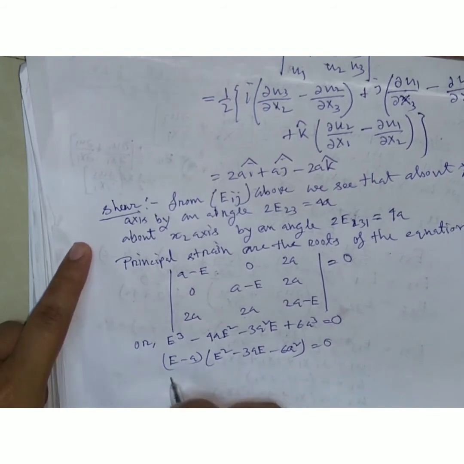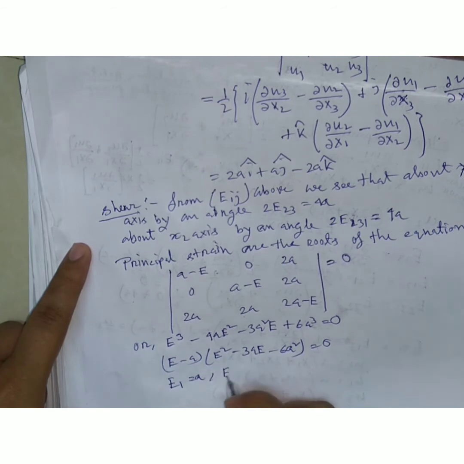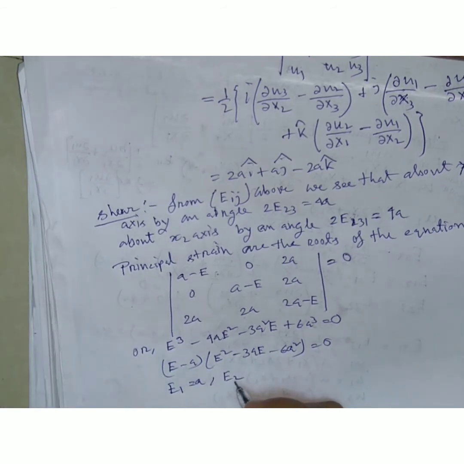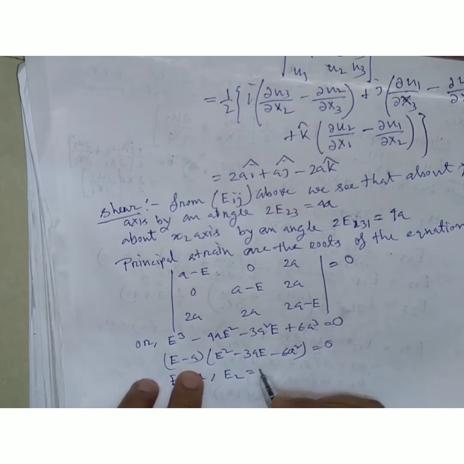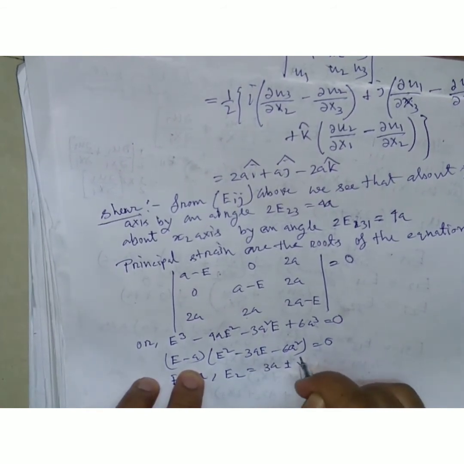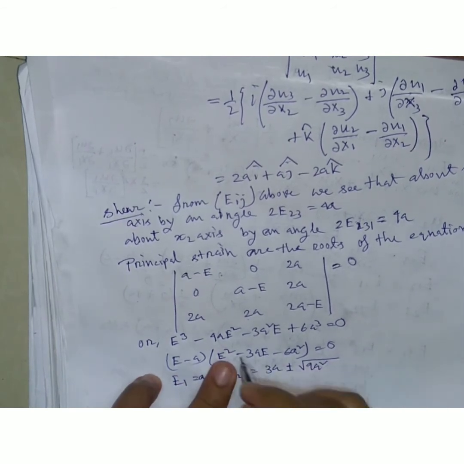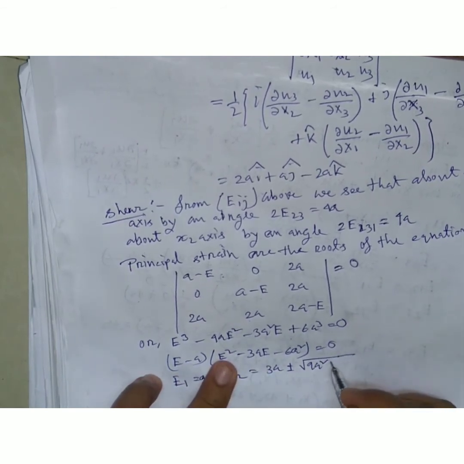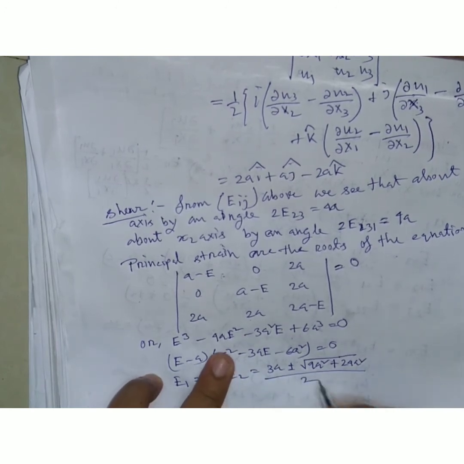So whatever I get, e1 is equal to a. For e2, using the Sridharacharya formula, 3a plus or minus the root of b squared, meaning 9a squared, minus 4ac, meaning 24a squared, divided by 2.